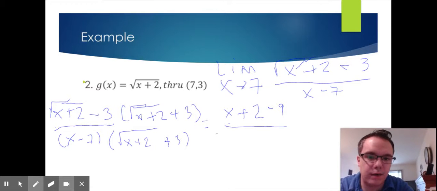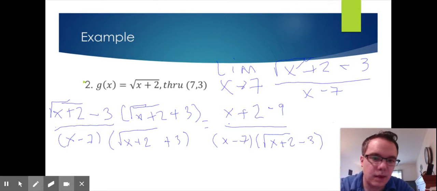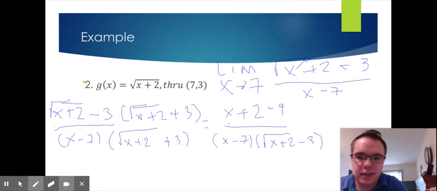And I still have x minus 7 times the square root of x plus 2 minus 3 on the bottom. So x plus 2 minus 9 is x minus 7.